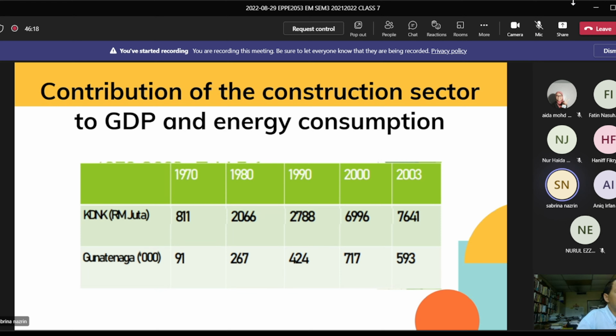For the energy consumption, from 91 and increased to 2067 and increased until 593.